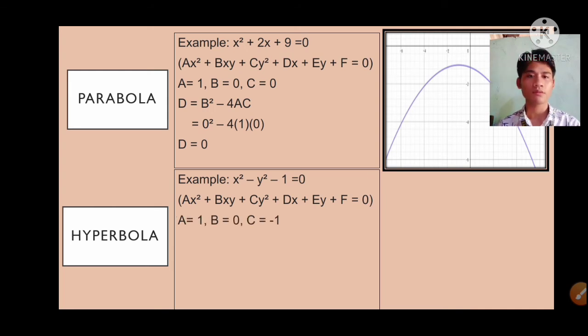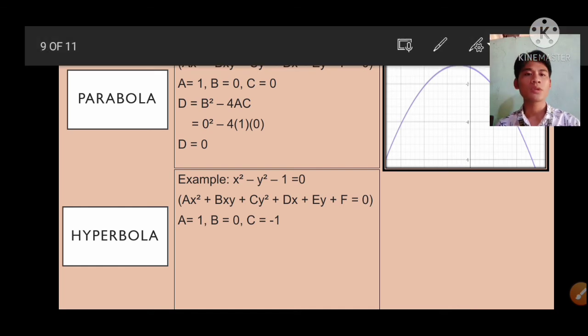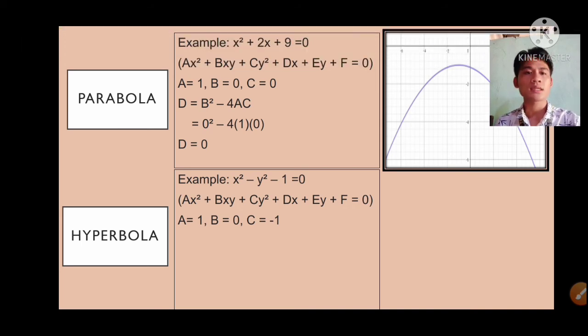So we have a as 1, b is equal to 0, c is equal to negative 1. With those values of a, b, and c, just substitute into the discriminant formula b squared minus 4ac: 0 squared minus 4 multiplied by 1, and multiplied again by negative 1, which would be equal to a positive 4, which is greater than 0.